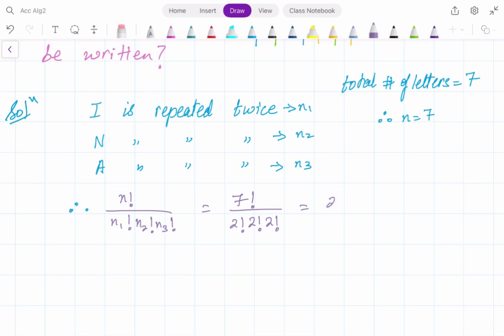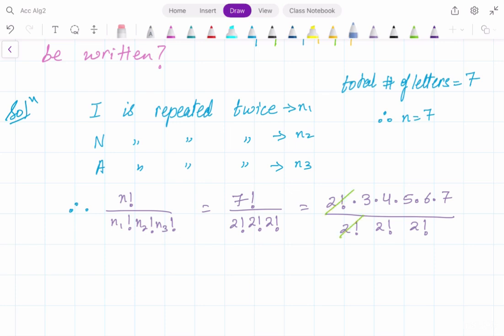Now in 7 factorial, 2 factorial is already inbuilt. So I can expand 7 factorial as 2 factorial times 3 times 4 times 5 times 6 times 7. And this will help you to eliminate one 2 factorial from the denominator.